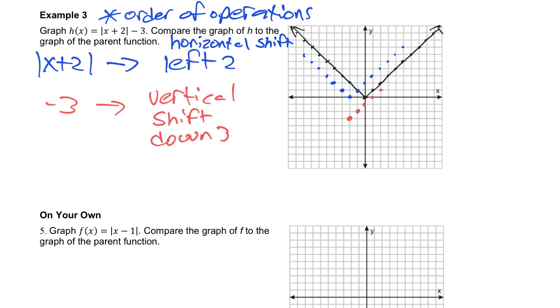And I'm going to keep doing some of those, and then some on the other side. So my final graph is this one right here. I'm going to use my handy dandy ruler and connect these. So my final graph is this one that I'm doing in red.